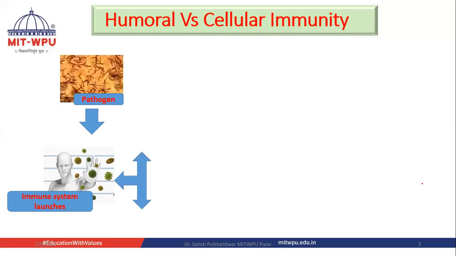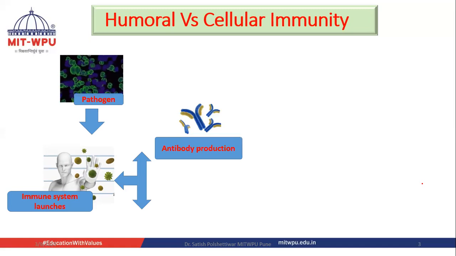That response could be by producing antibodies. This is one way the body produces antibodies, and the antibody attacks that particular antigen, and then it is eliminated from our system. That is the first mechanism. It acts on the extracellular space.